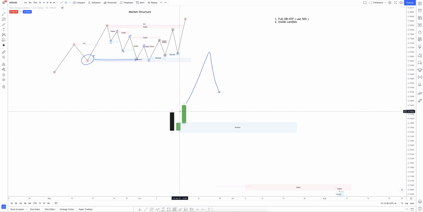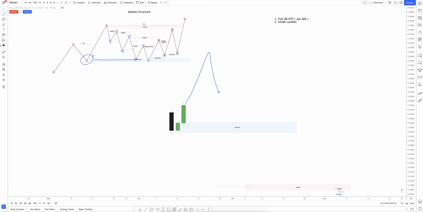So inside bars, inside candles, are definitely something that I use. An inside candle is basically a candle that prints inside the range of a previous candle. You see how this bullish candle stays within the range of this previous bearish candle? That means this is an inside candle.